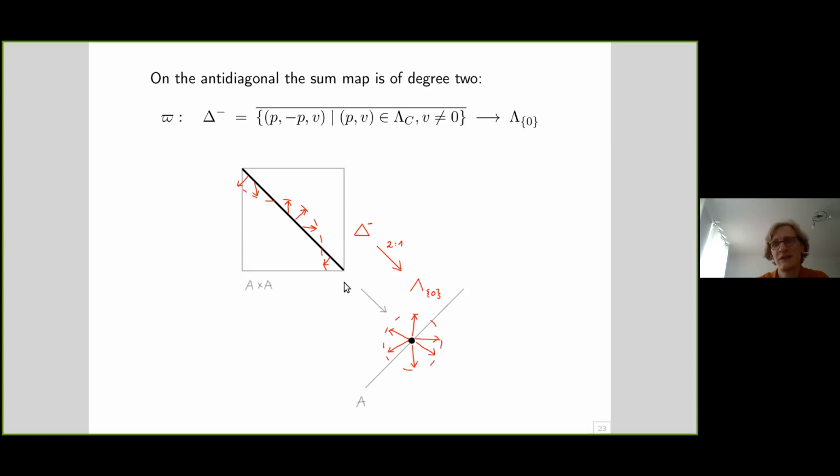And here again, you see why it's good to work on the cotangent bundle and not just on the abelian variety. So on the abelian variety, this fiber here is collapsed to a point. But if you look at this on the cotangent bundles, you still get a generically finite map. The degree is 2 because you have the involution given by minus 1 on these points.